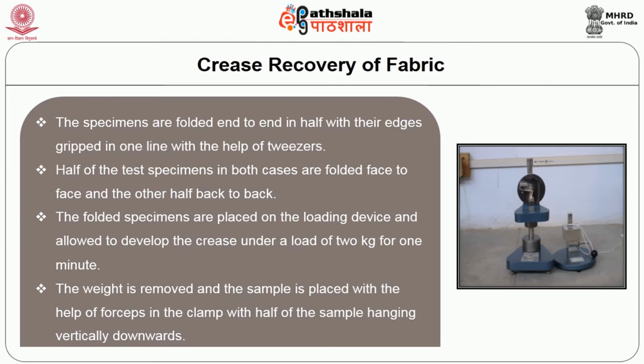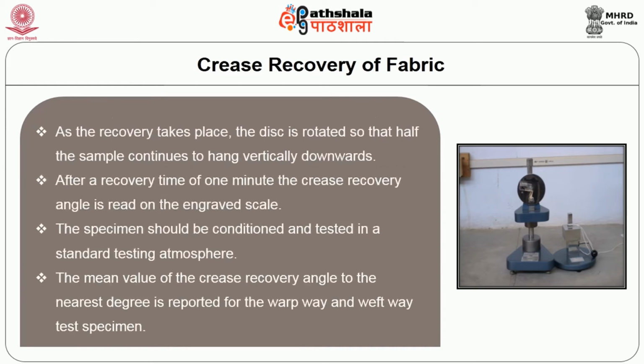For testing, the crease recovery tester is used for determining the resistance of the fabric. The crease recovery of the fabric is given by the angle of crease recovery. For this, 10 fabric specimens of each sample, 2 inches by 1 inch, are used in both warp and weft direction, and the fabric is folded in the center and loaded using 1 kg of weight, and then the fabric is taken from the loaded cell.